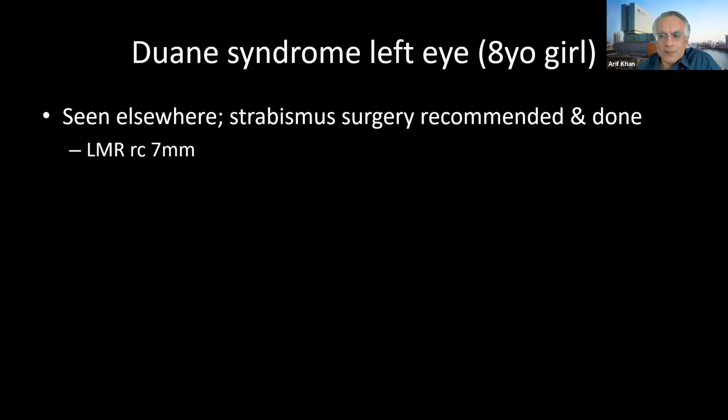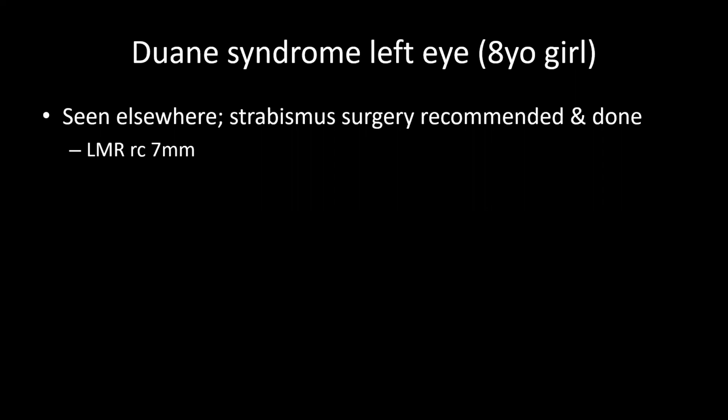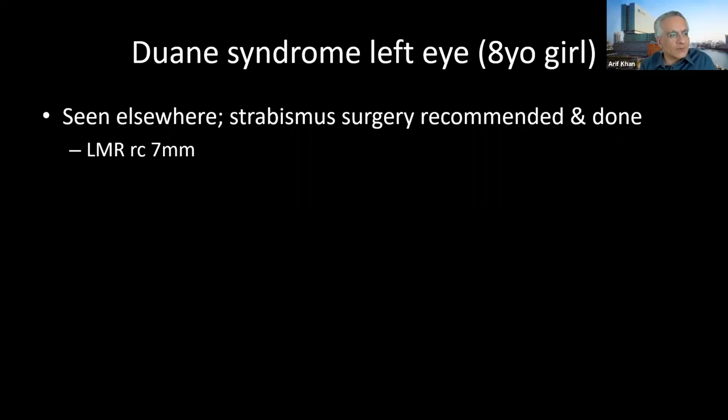Now, Dr. Ibtihaj, I told you that in Duane syndrome, when the patient tries to adduct the eye, the lateral rectus fires inappropriately. So both the medial rectus and the lateral rectus are firing at the same time.